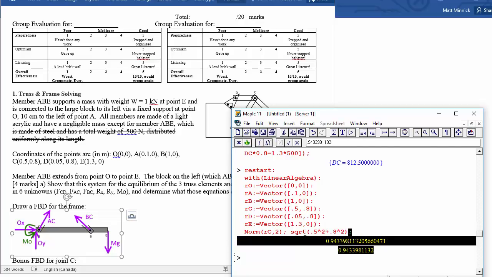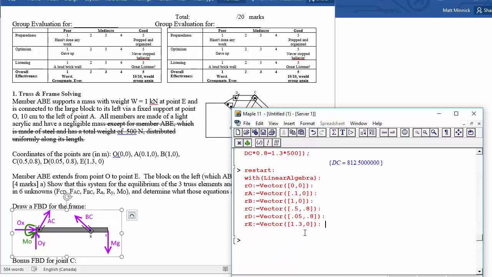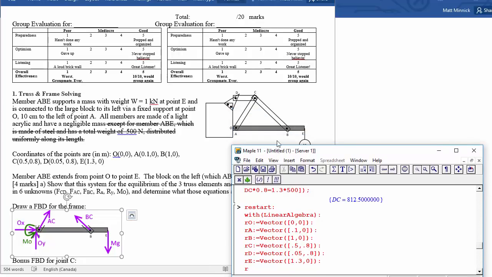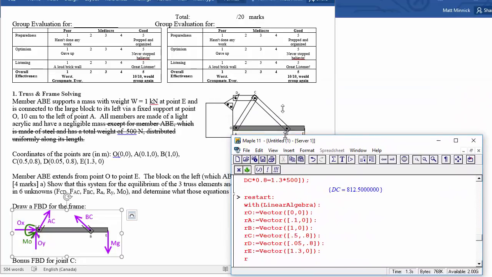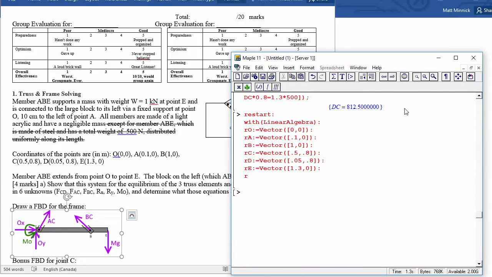Okay. So next, what we can do is define unit vectors like so for the things we need unit vectors for. To get the unit vector from A to C, what we can do is say RAC is equal to, well, first let's go RC minus RA, and then RAC is mod over norm mod 2.